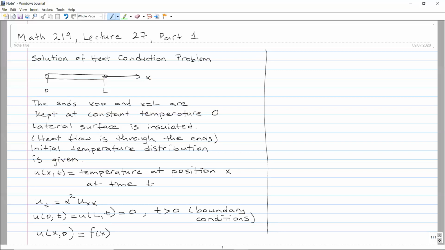So far, what we did is we got the solution of the part where we consider the equation with boundary conditions.